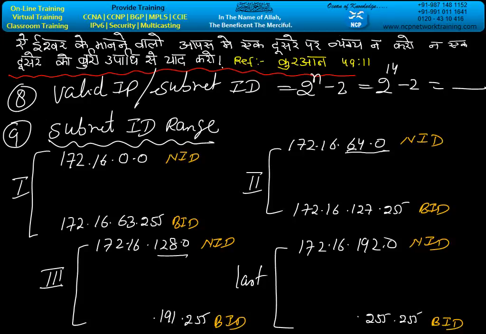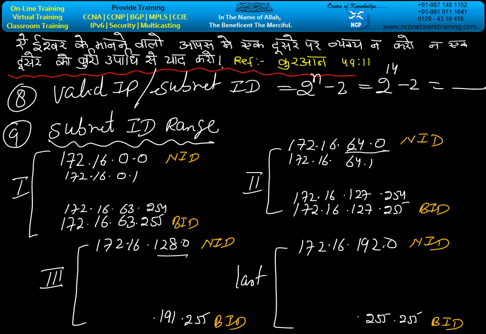First valid IP of first subnet is 172.16.0.1, and the last valid will be 172.16.63.254. 172.16.64.1 and 172.16.127.254. 128.1, 191.254 and 192.1, 255.254.